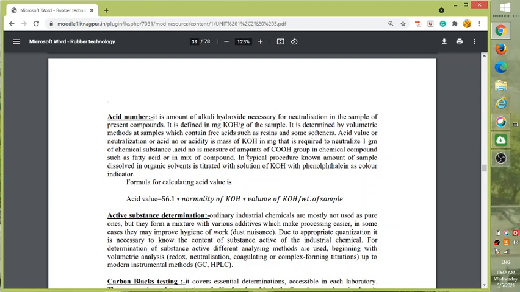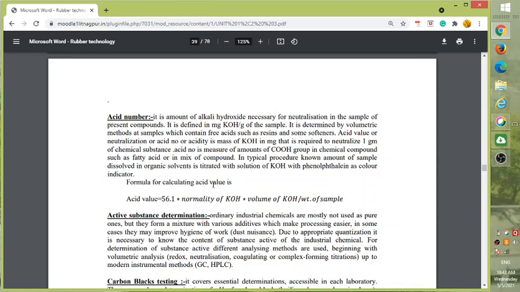Acid number is a measure of the amount of carboxylic acid groups in a chemical compound such as fatty acids or in a mixture of compounds. In a typical procedure, a known amount of sample dissolved in organic solvents is titrated with a solution of KOH with phenolphthalein as a color indicator.